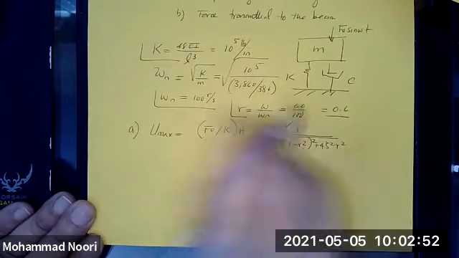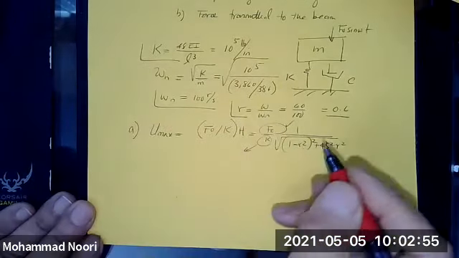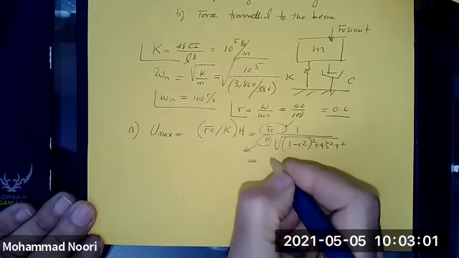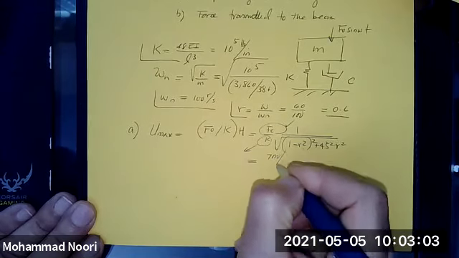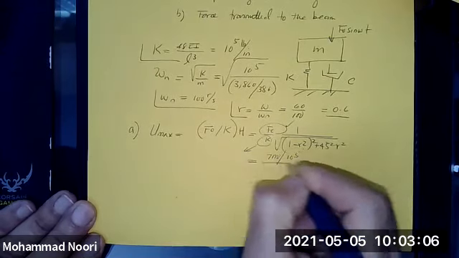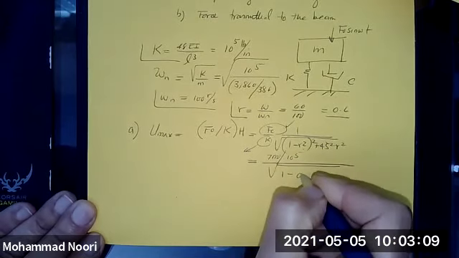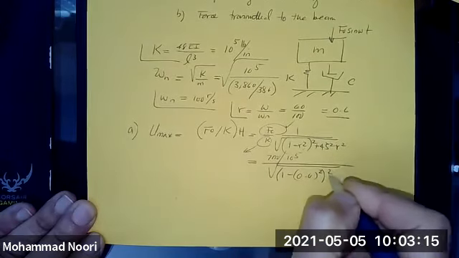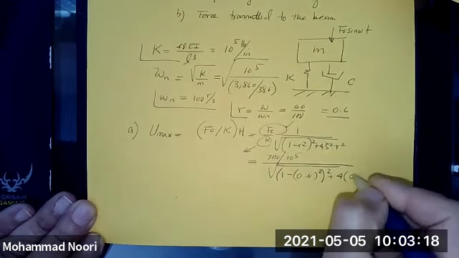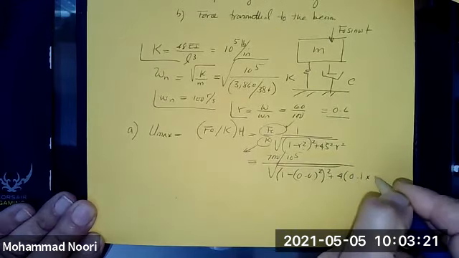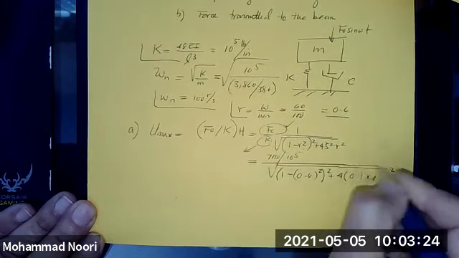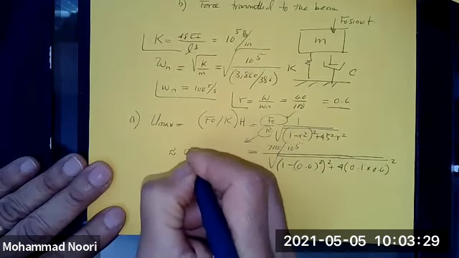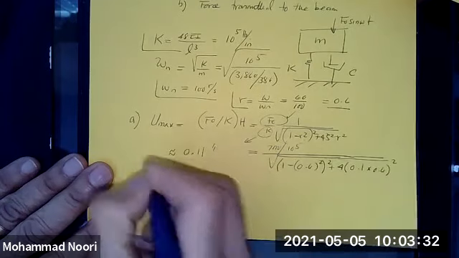Since we're running out of time, I will do it quickly. So we will have 7,000 divided by 10 to the 5, divided by the square root of (1 minus 0.6 squared) squared plus 4 times 0.1 squared times 0.6 squared. If you evaluate this, it comes out to be roughly 0.11 inches, Umax.